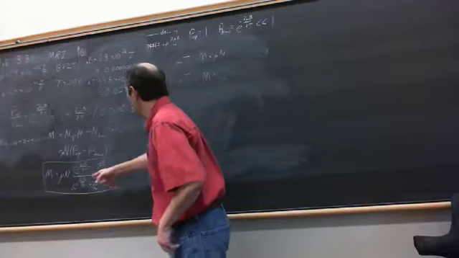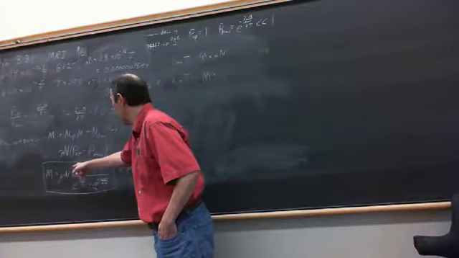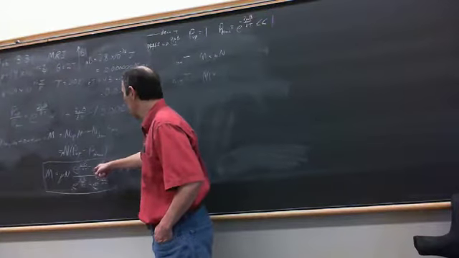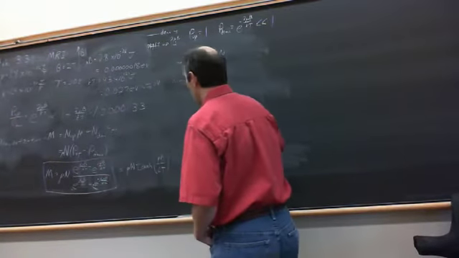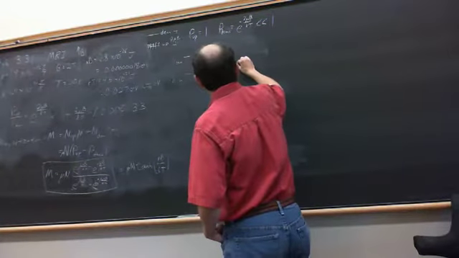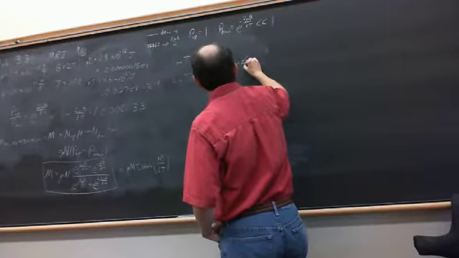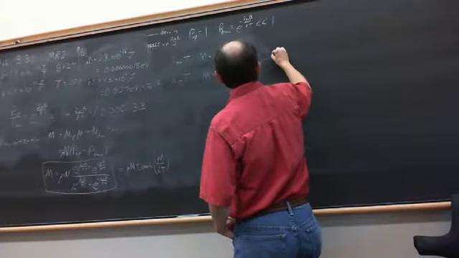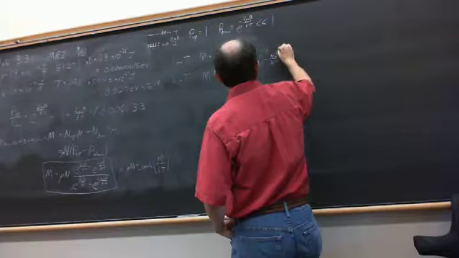So remember, e to this thing is going to be approximately 1 plus this exponent. Minus, and this is going to be approximately 1 minus the exponent. So you're going to use your Taylor series, and you get 1 plus mu b over kt minus 1 minus mu b over kt.